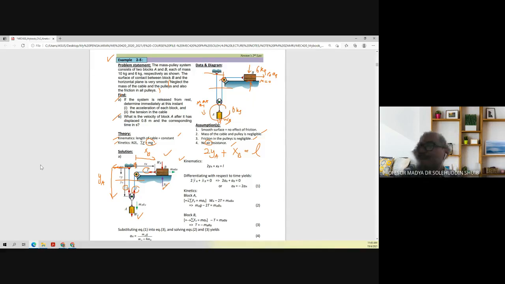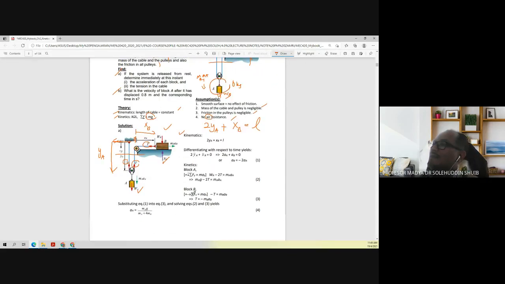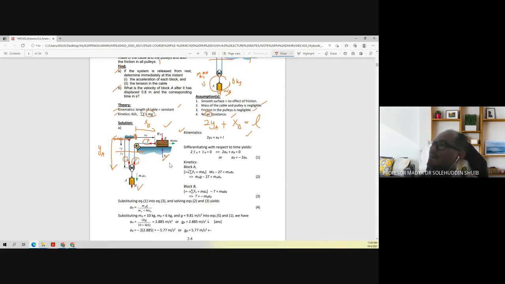So for kinematics, once you obtain this, differentiate with respect to time twice and you get acceleration: acceleration of B equals minus 2 times acceleration of A. How about kinetics for block A and block B?